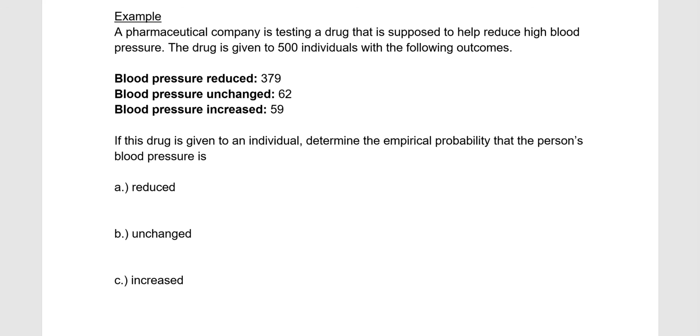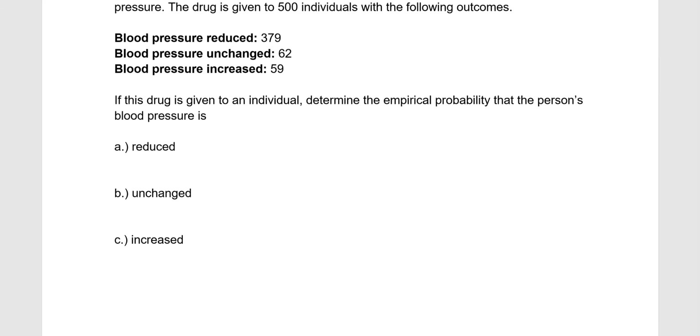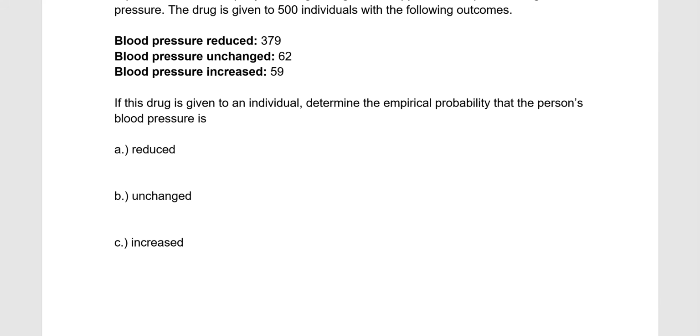Okay, so once again, we're working with empirical probability because it's experimental. We actually have data here, we have observations. So for A, the empirical probability that the person's blood pressure is reduced is just going to be the number of people who have their blood pressure reduced over the total number of individuals. So that's going to be 379 over 500.